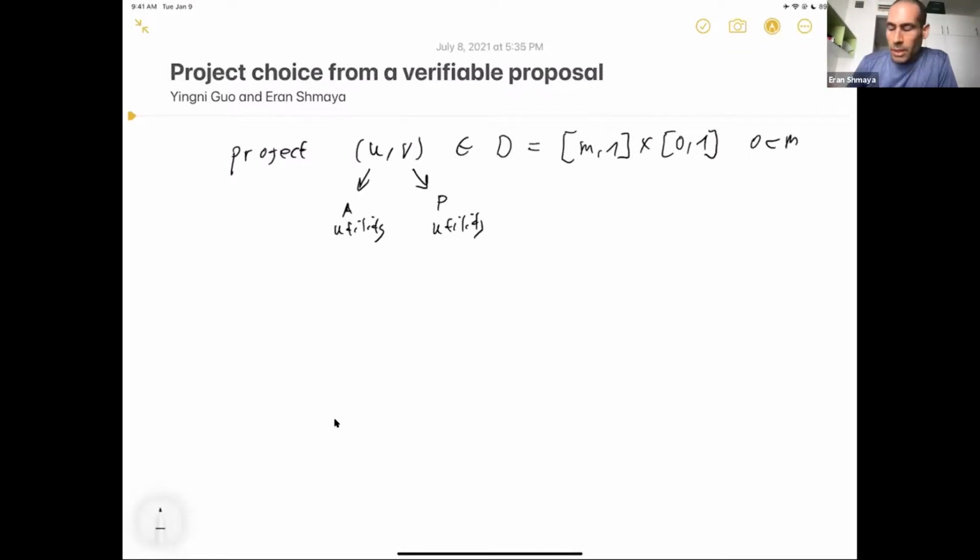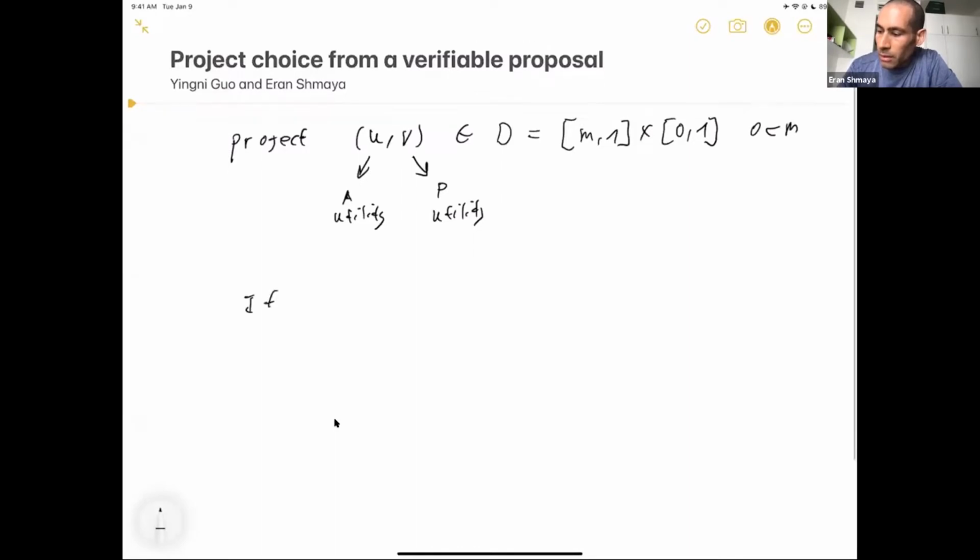Both of these guys are von Neumann-Morgenstern utility maximizers. So this is just a rectangle, and I'm picking a rectangle because it's the simplest thing in which some interesting things pop up. If no project is implemented, both get 0.